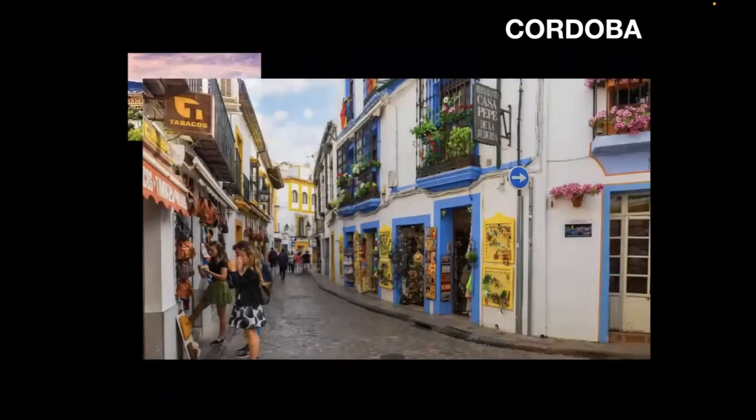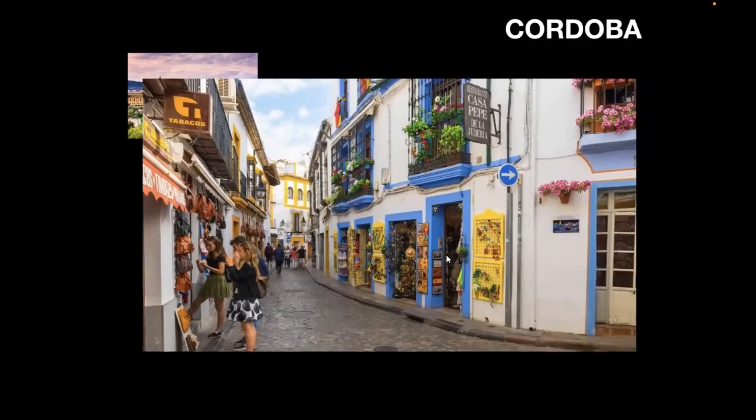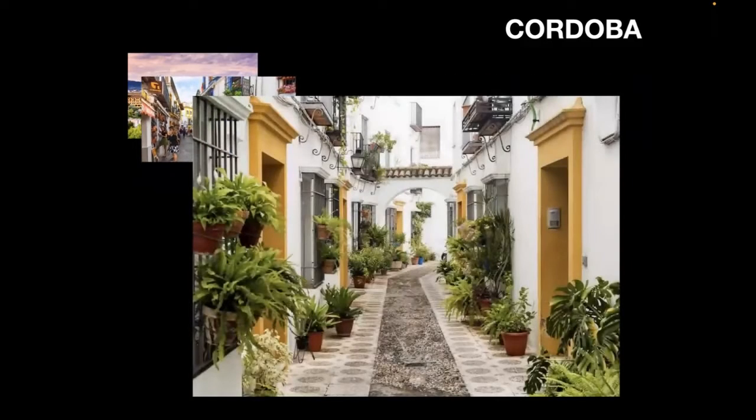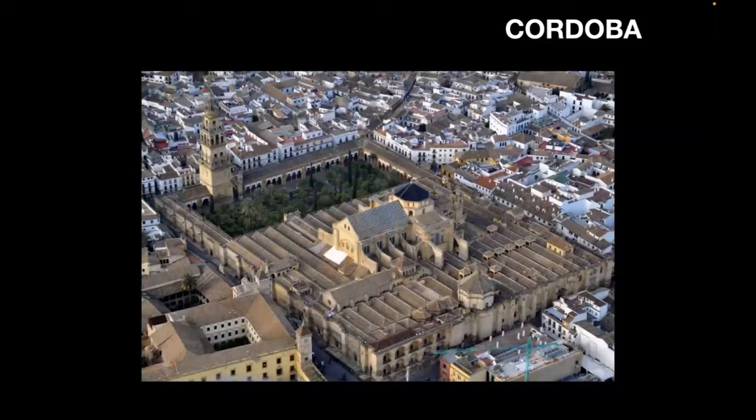So another view of Cordoba. This is a part of the old town. And this town also started as a Roman settlement. At the end of the Roman Empire, Visigoths occupied the place, and then came Arabs with the Islamic Caliphate.